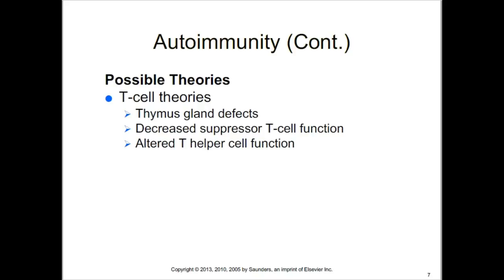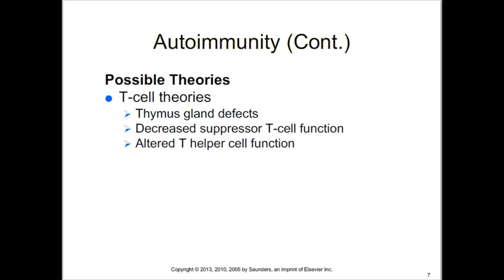We also have thymus gland defects. Remember the thymus gland, to go back very quickly: one of the things the thymus gland does is call forth lymphocytes that are not yet specifically B cells or T cells to the thymus.